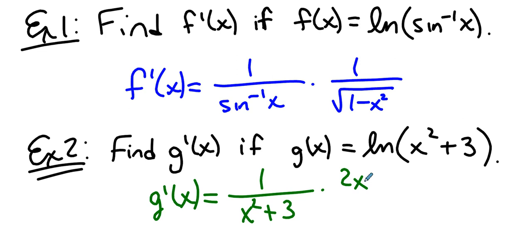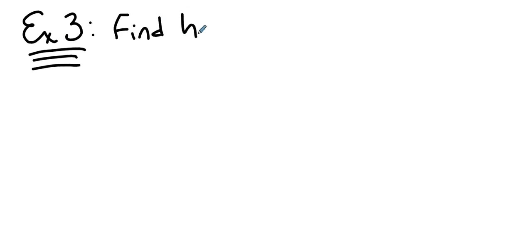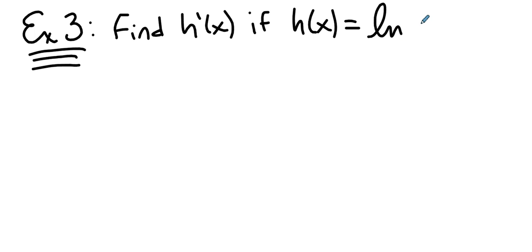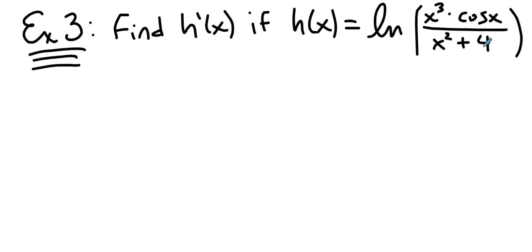We could choose to make things a little more complicated. Find h prime of x if h of x is the natural log of x cubed cosine x over x squared plus 4.